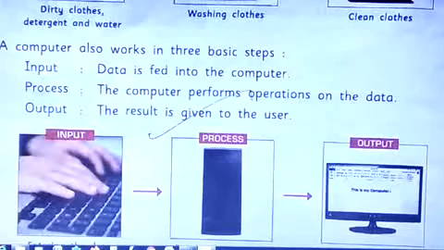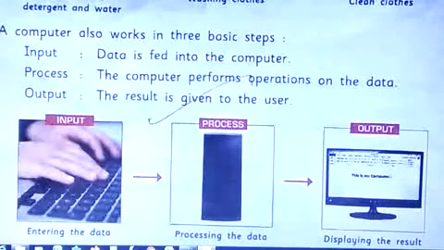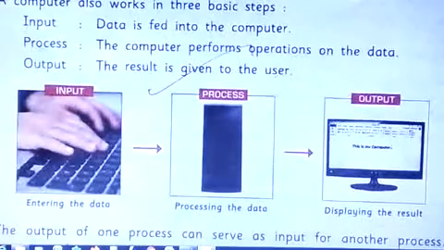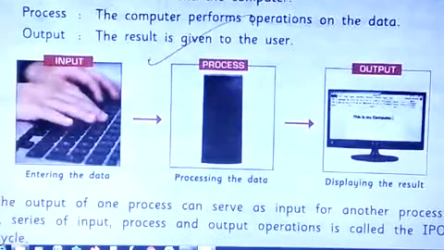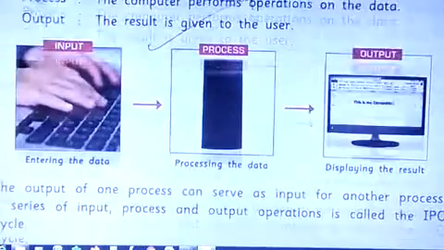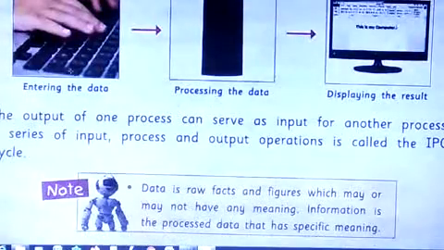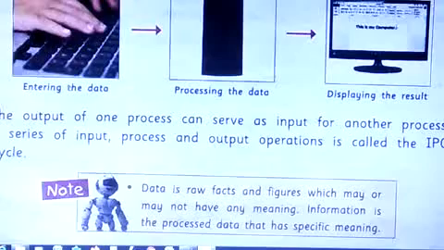Input means data fed into the computer, when you type something with the help of a keyboard, that comes under input. Process. The computer performs operations over the data, which is called process. Output. Output is the result which is given to the user on the basis of input. That is called the working of a computer.